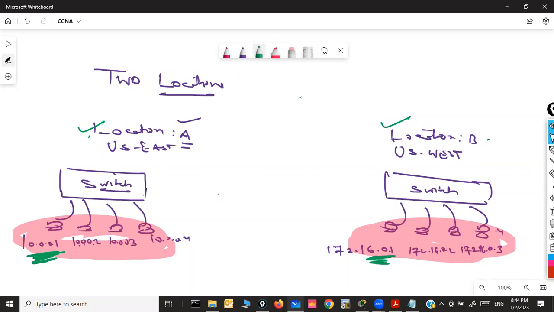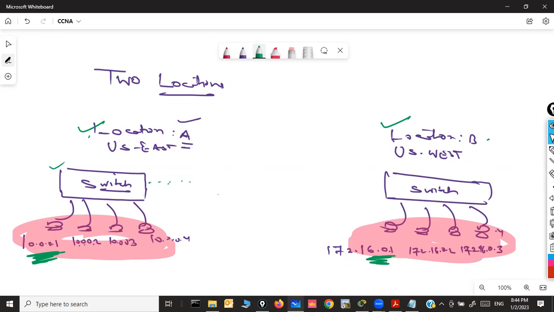And if they are 100 miles or 1,000 miles or kilometers away from each other, how do we connect both networks? Connecting both switches myself is not possible at all.